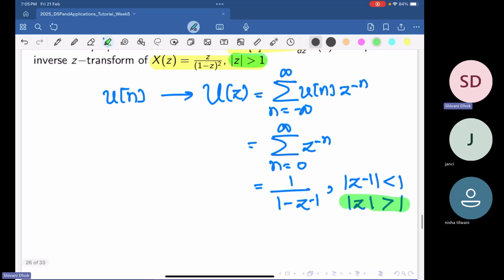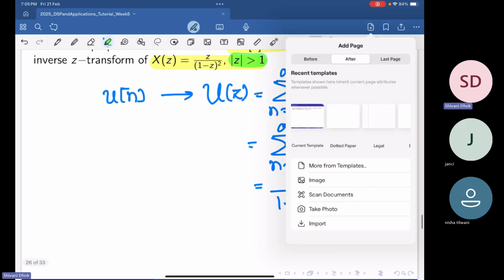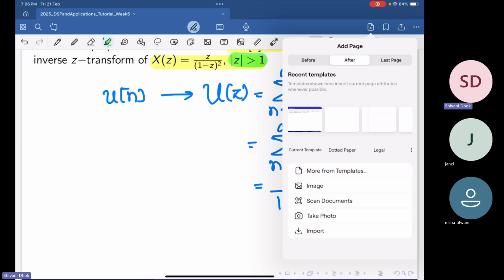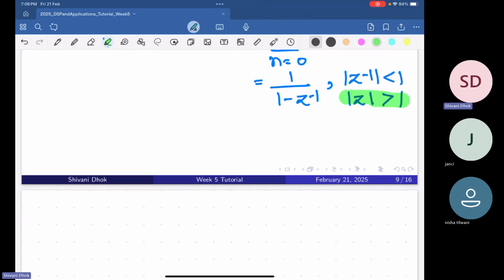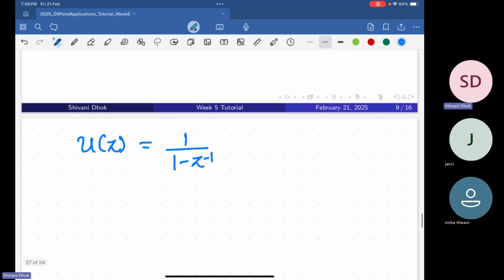Okay, now let us do this. This is our U(z), which is equal to 1 upon 1 minus z inverse. Now I'll write this as z upon z minus 1.